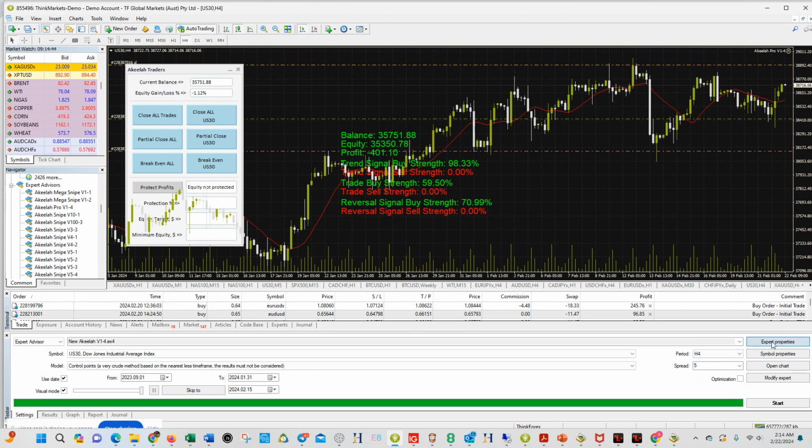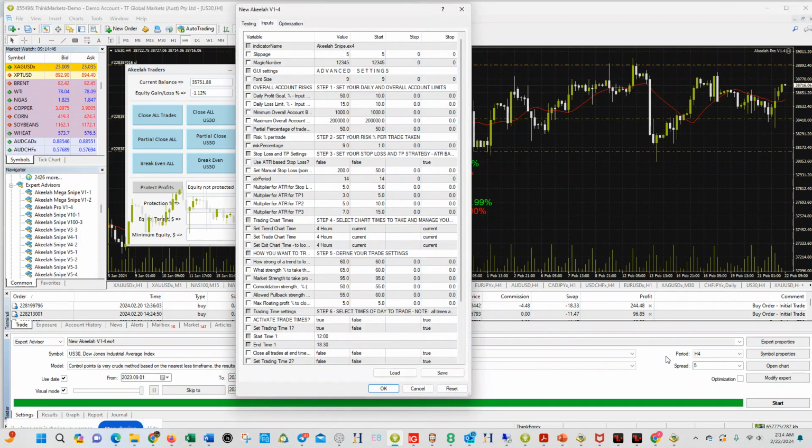For these purposes, I think one of my set strategies for US 30 is to trade it on the 4 hour time frame across the board. So in this case, I'm saying I don't want to use an upper and a lower time frame. I want to trade US 30 on the 4 hour time frame. I don't want to get caught up in the smaller, lower time frames and the volatility there. I just want to trade it.